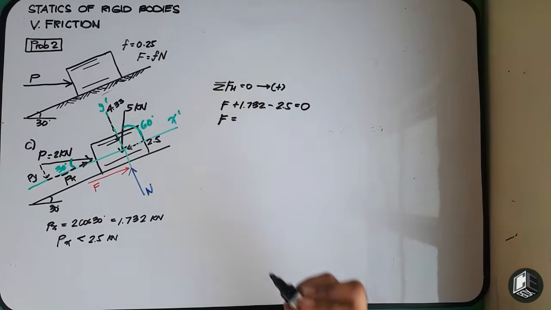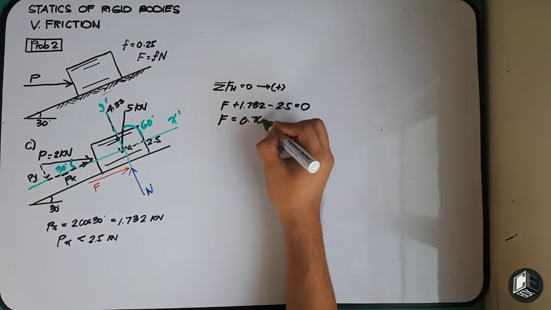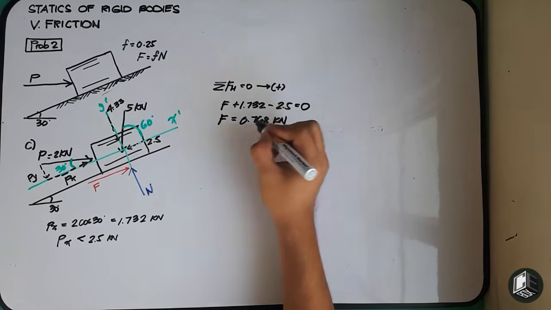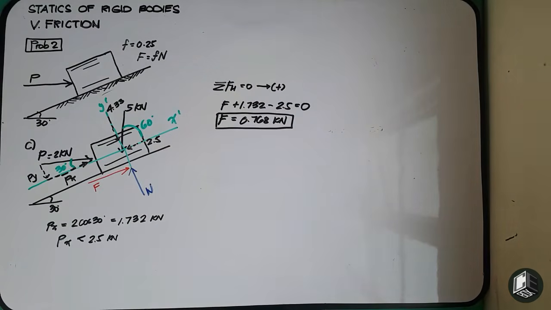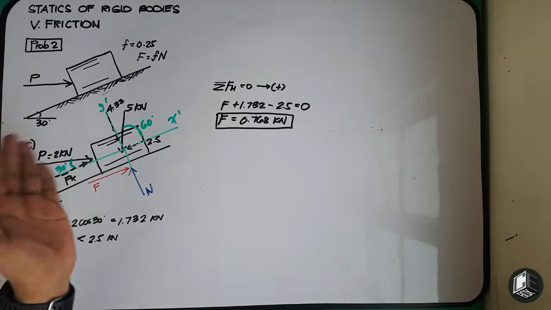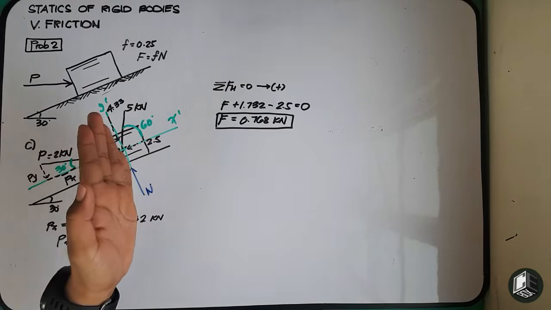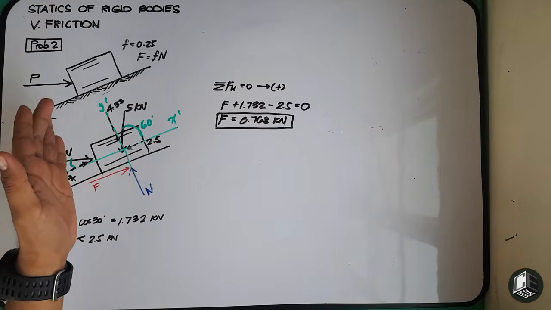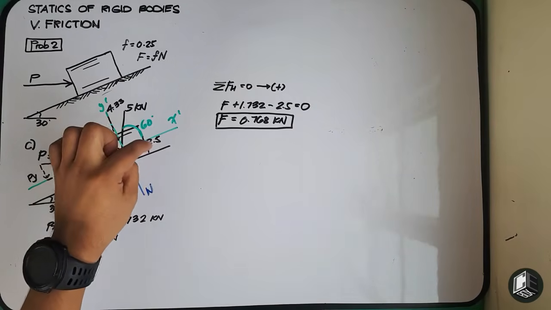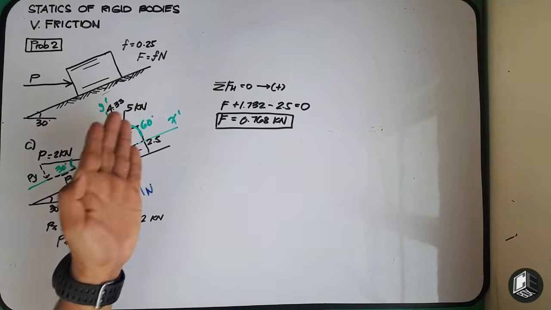Therefore, our force F is equal to 0.768 kilonewtons. So our frictional force is smaller. It needs the help of Px to resist the downward movement created by the weight of our lamp, whose horizontal component is 2.5.